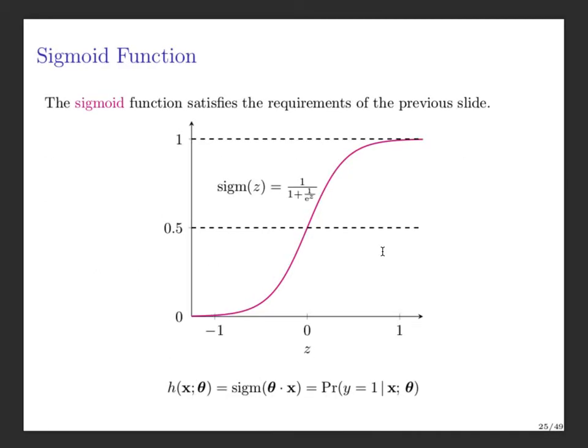So we have this thing in mathematics called the sigmoid function: 1 over 1 plus 1 over e to the z. It looks like this. Why do I like it? Well, it has all the properties that I just asked for on the page before. In one direction it tends to 1, in the other direction it tends to 0. So we have that. So I'm going to use the sigmoid function, and I'm going to let the sigmoid function take this distance.